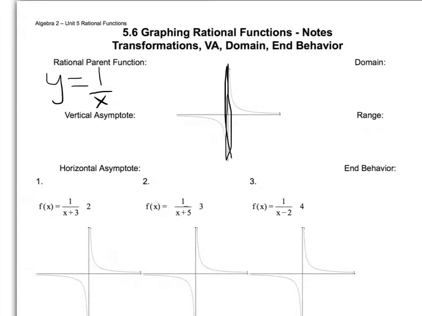That's the asymptote. And the vertical asymptote, you can write that as x equals 0, and our horizontal asymptote, which is this line right here, you can write that as y equals 0.